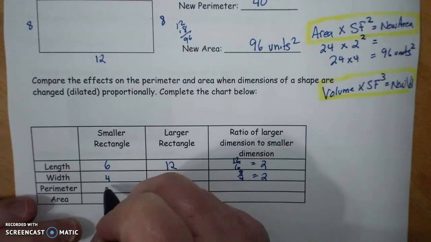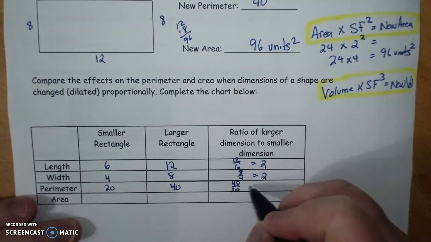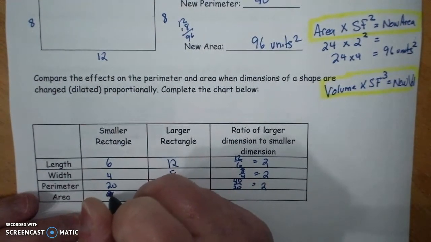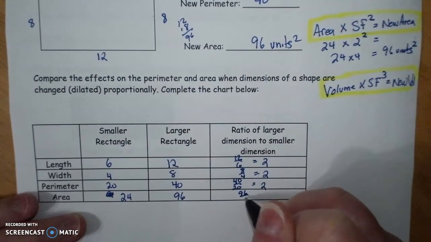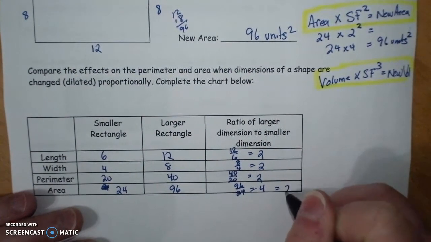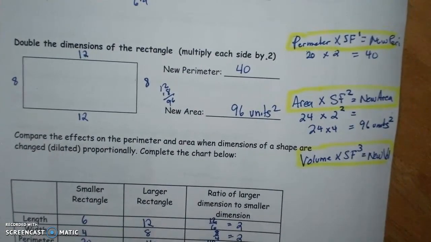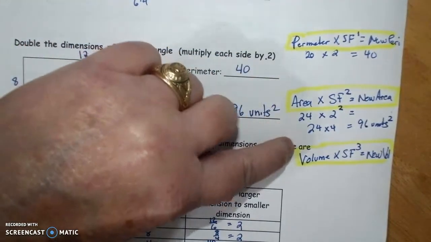Perimeter, 20, 40 divided by 20 equals 2. Area, 24, 96 divided by 24 equals 4, but 4 can be written as 2 squared. The basic definition is to apply these formulas right here.